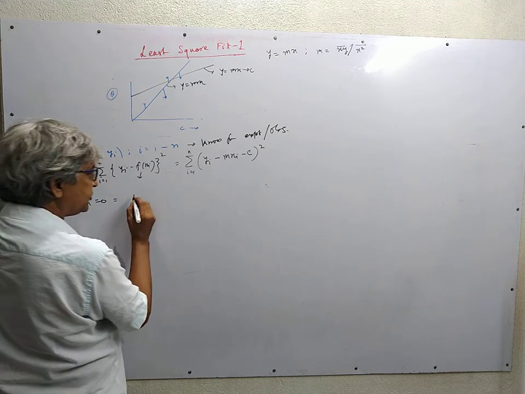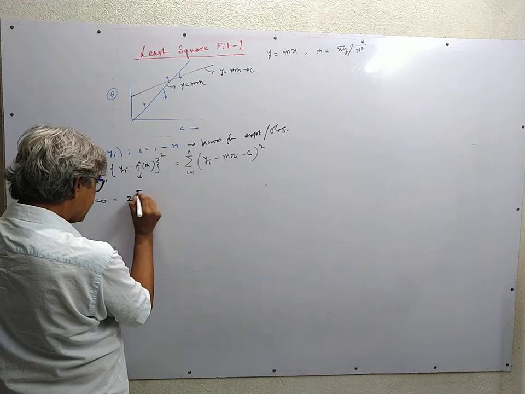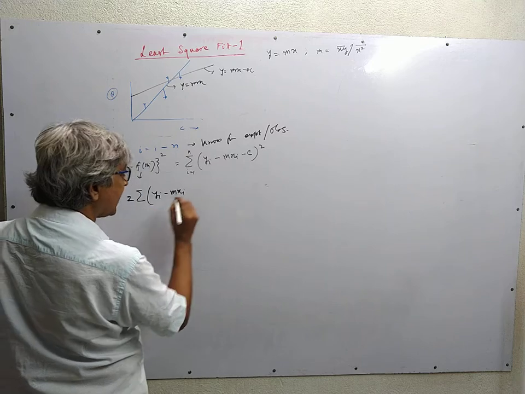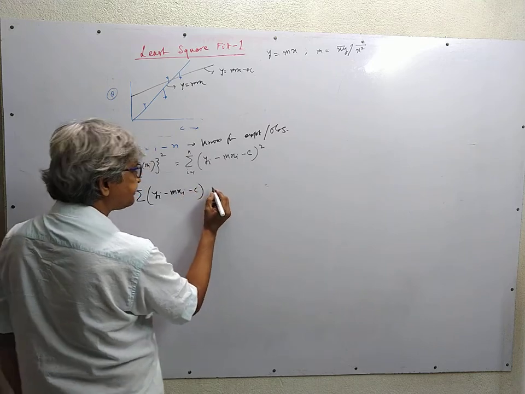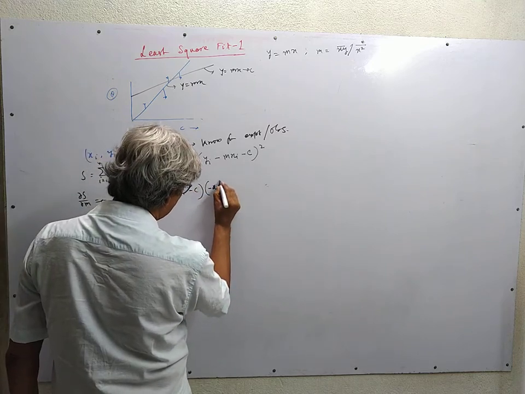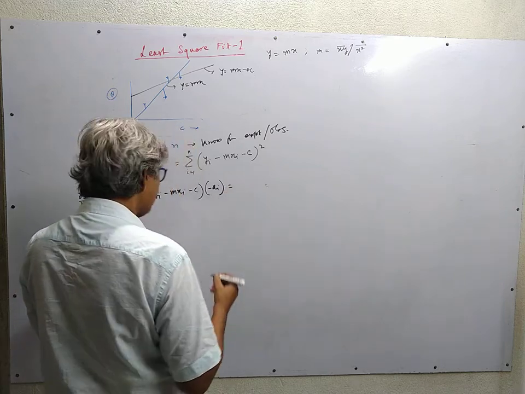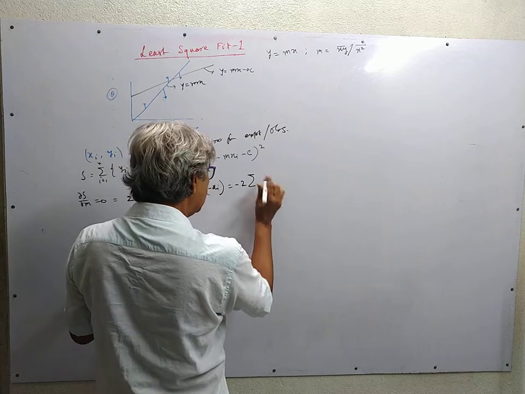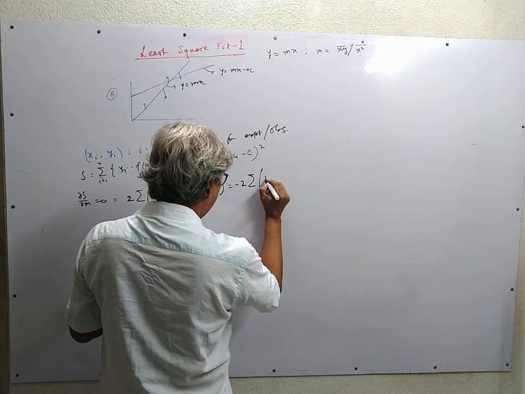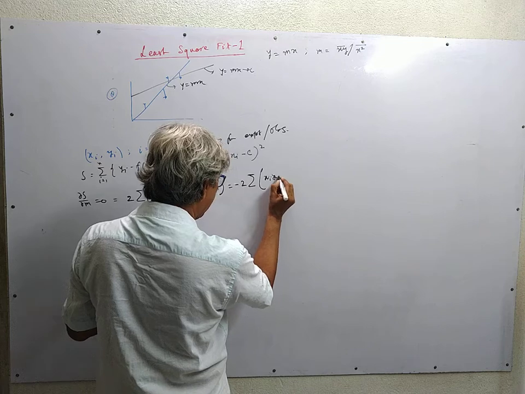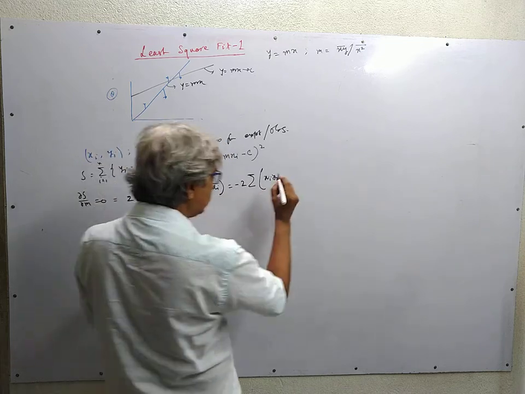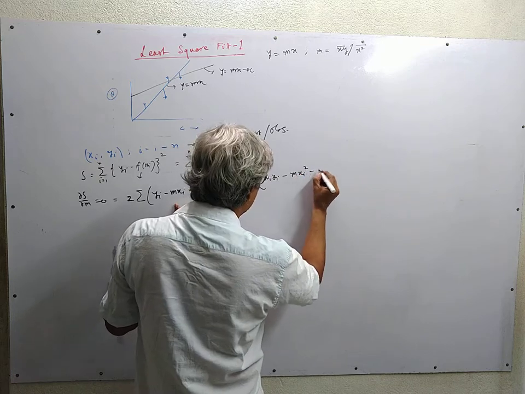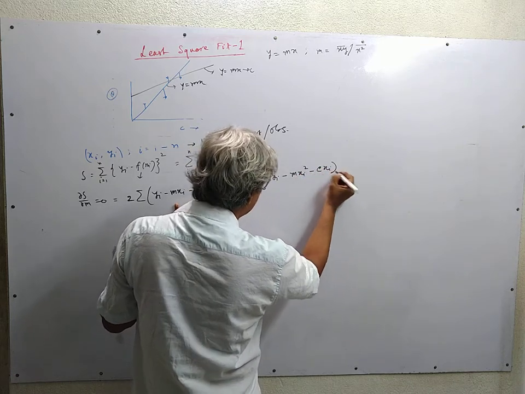This is equal to twice summation over yi minus mxi minus c, times minus xi, is equal to minus 2 taken common. This is xi yi, when we multiply this, then minus mxi square minus cxi.